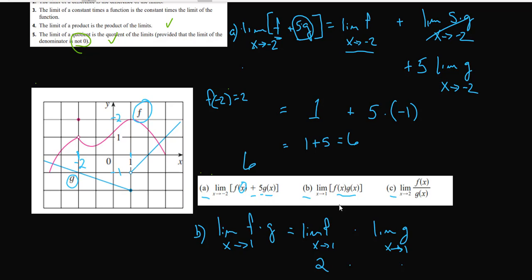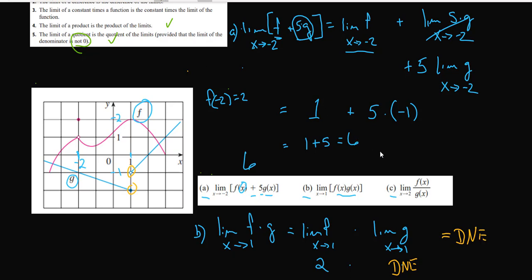Because this limit of g does not exist. Because we have this here and this here. So at 1, the limit doesn't exist. So this part does not exist, so the whole thing does not exist. In other words, you can't multiply 2 times something that does not exist and get something. So finally we can say that the limit does not exist.